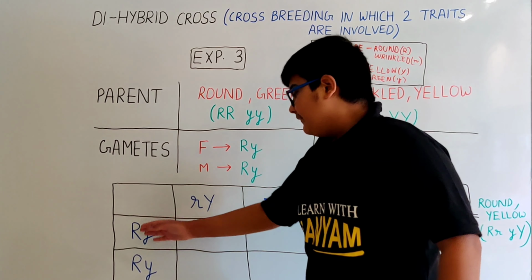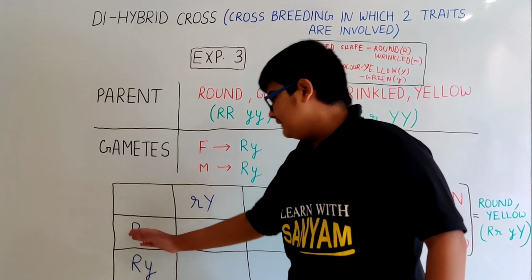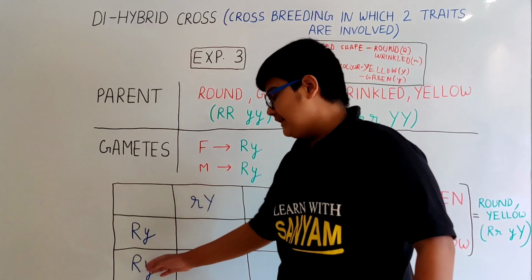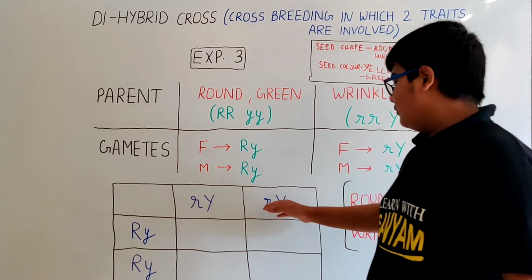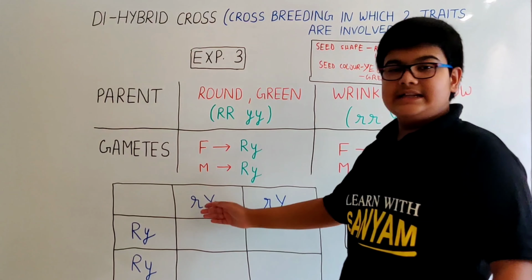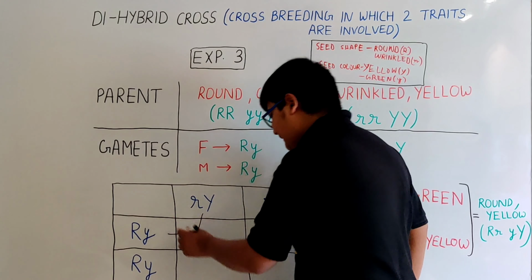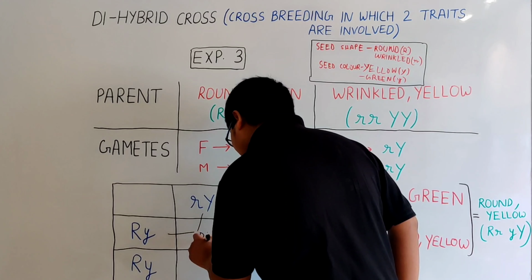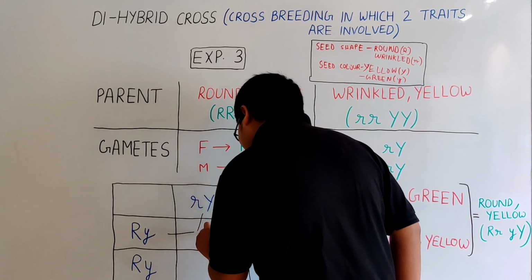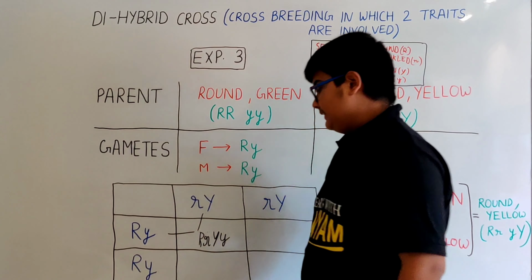So here we make a table. Here we have the first parent, that is capital R, small y, and here we have the second parent, that is small r, capital Y, small r, capital Y. So let's crossbreed them. The first offspring will be capital R, small r, capital Y, small y.